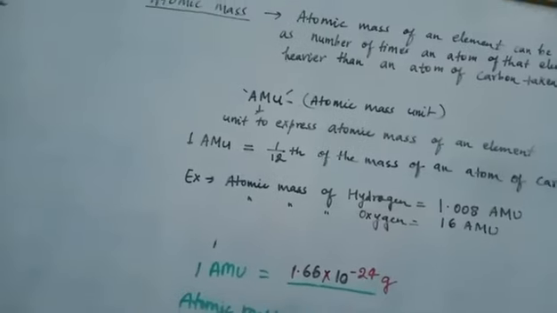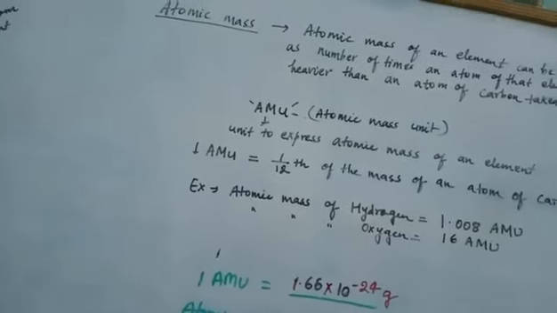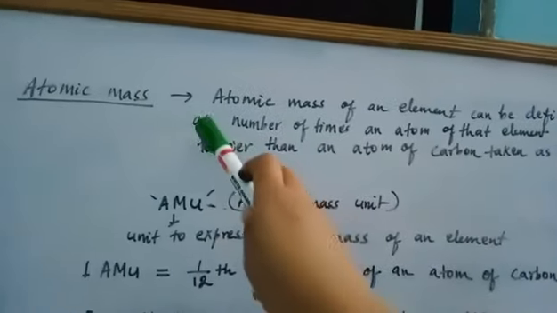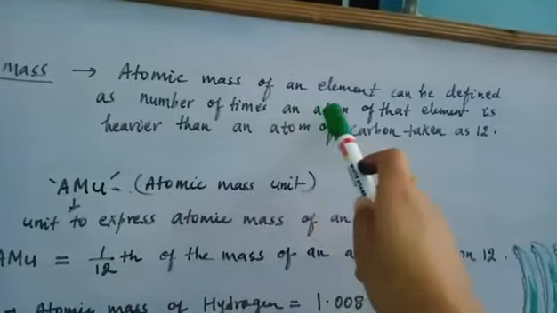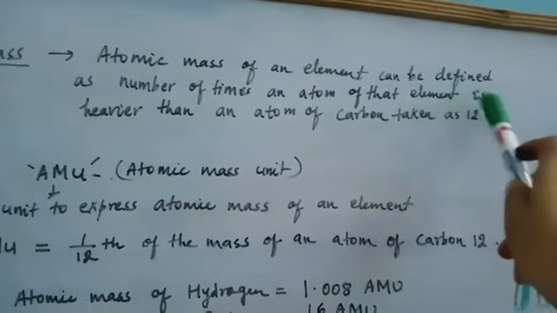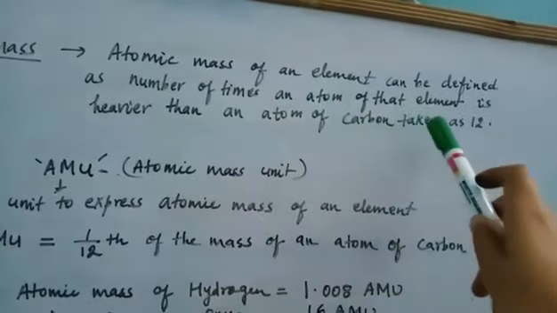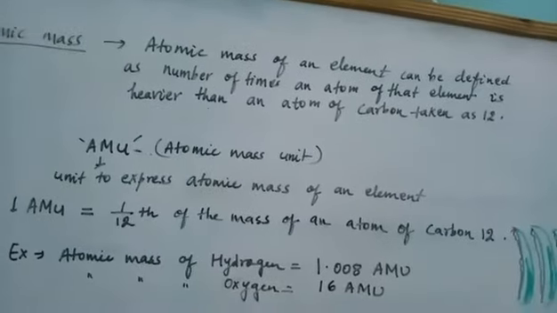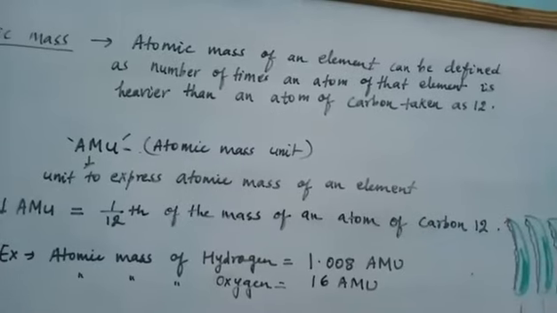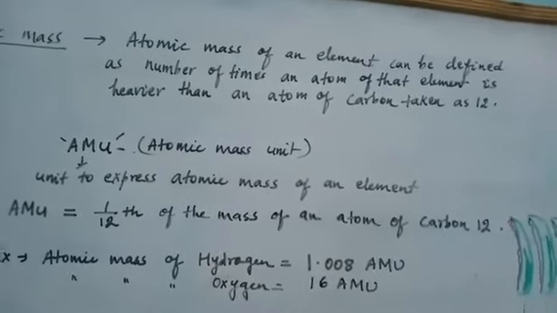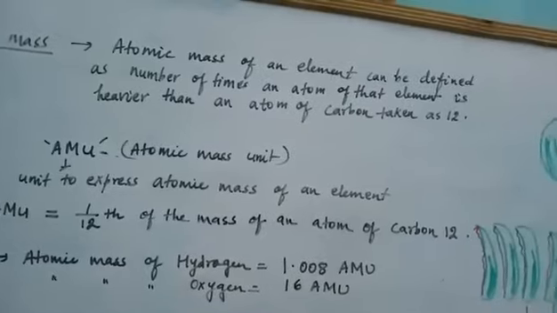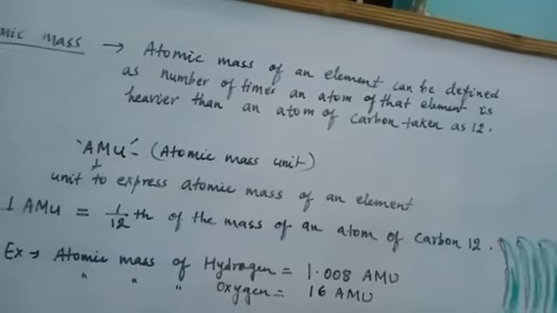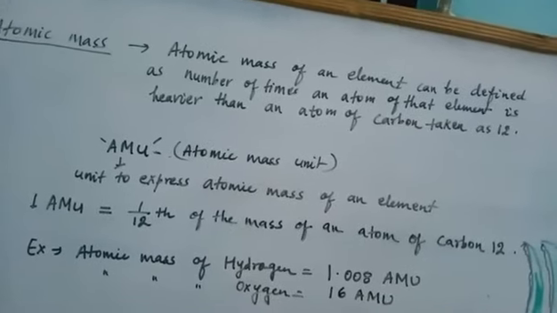First we should know the definition of atomic mass of an element. Atomic mass of an element can be defined as the number of times an atom of that element is heavier than the atom of carbon taken as 12. This definition follows from our earlier discussion, in that we took carbon as standard and, comparing with the mass of carbon 12, we calculate the atomic mass of other elements.